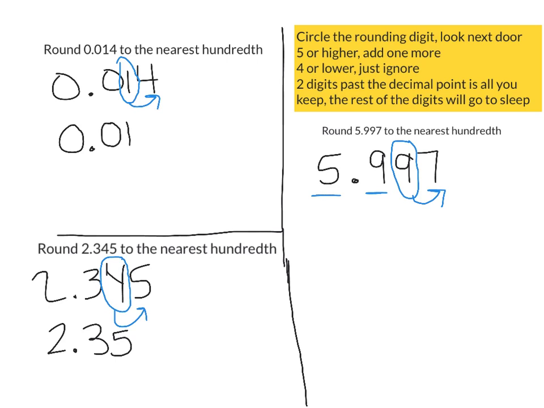So in this case, in order to add 1 more, we'd have to go all the way to the ones place and add 1 more there. So the 5 would become a 6, and 5 and 997 thousandths would round to 6 as the nearest hundredth.